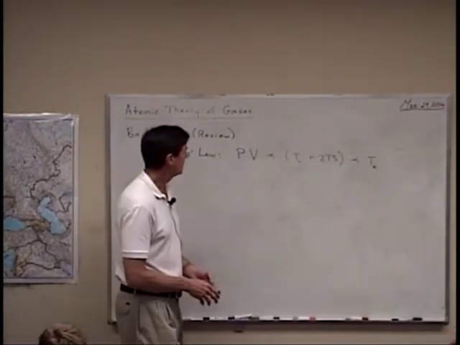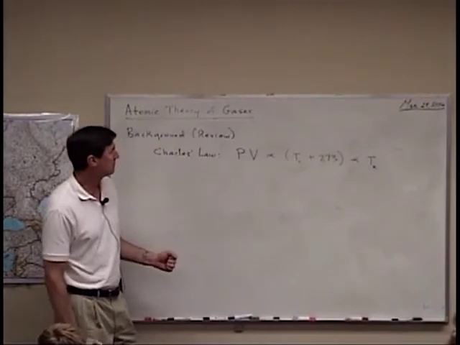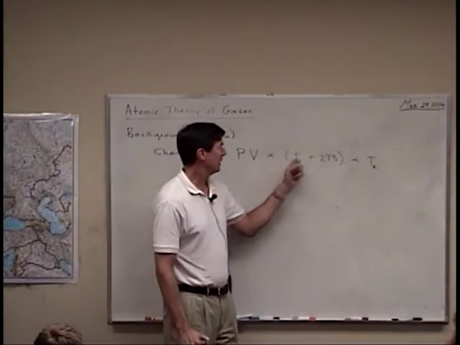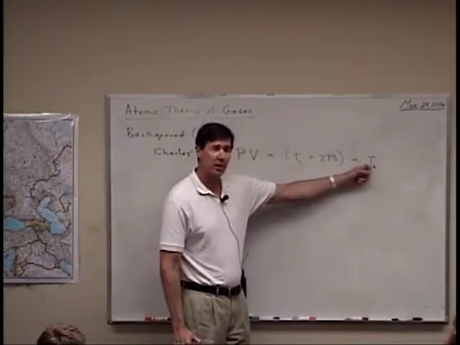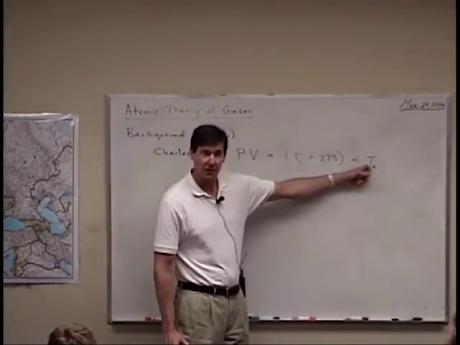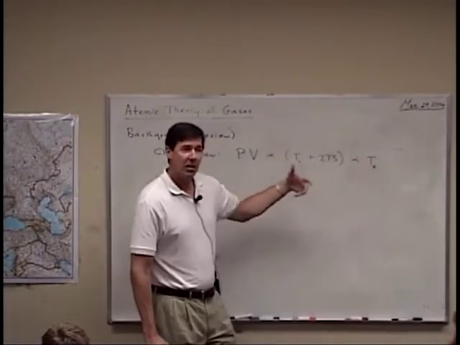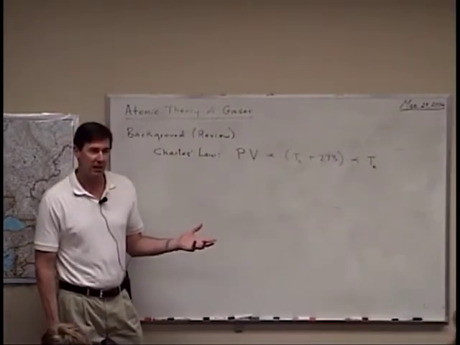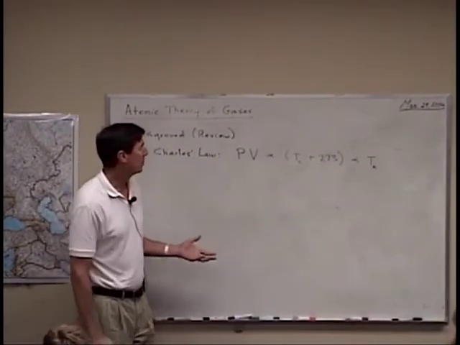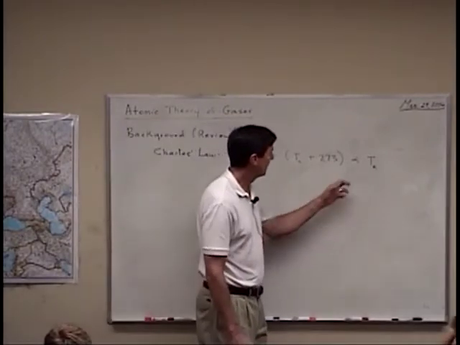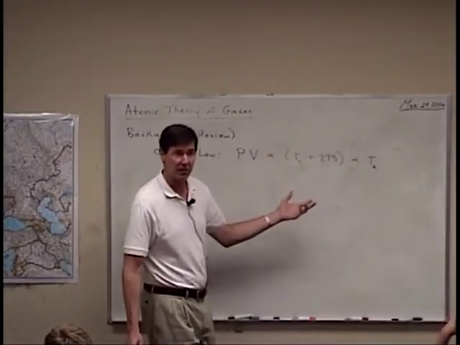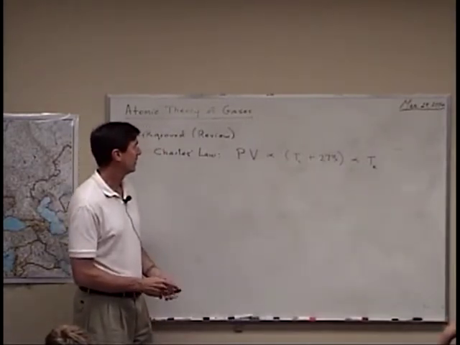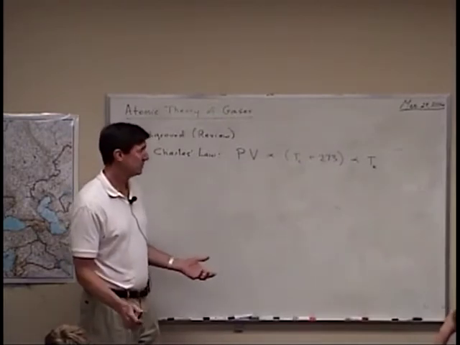Okay, now, the reason I'm not writing equal signs here is because there is some proportionality constant here. One thing that you know about that proportionality constant is that it has to do with the amount of gas that you have. For example, let's say you have a certain amount of gas, say oxygen.